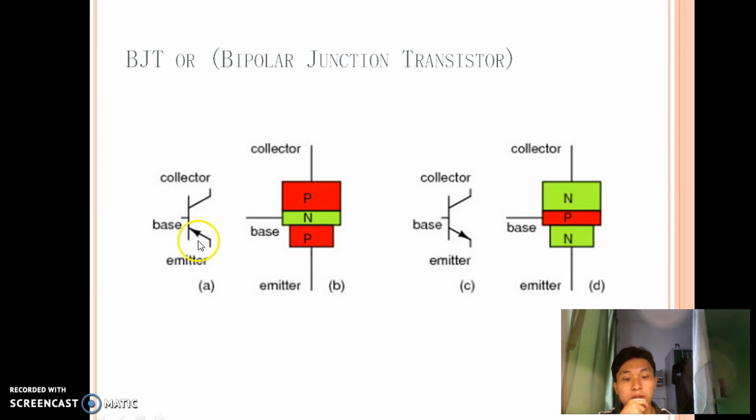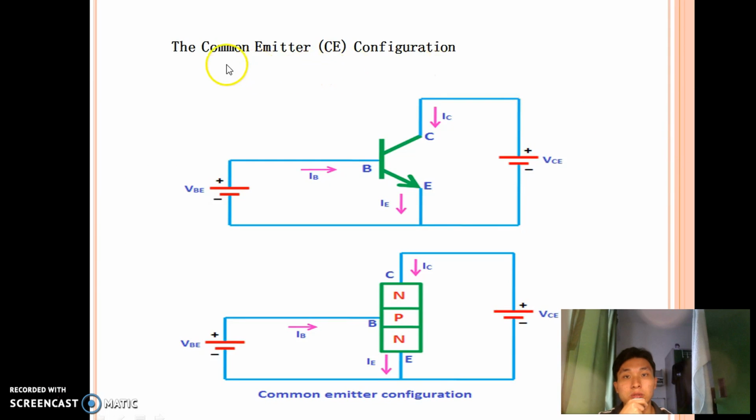The BJT works as a current regulator, which allows a small current to control a larger current.